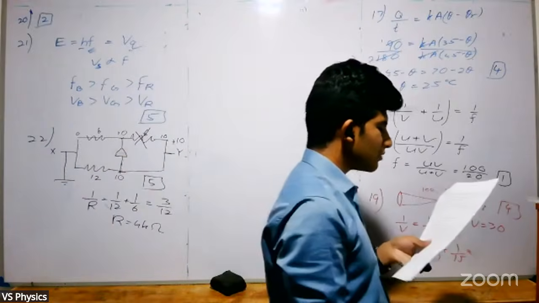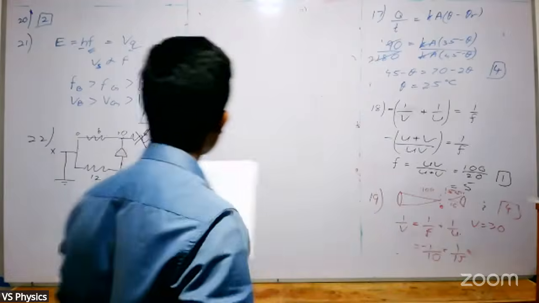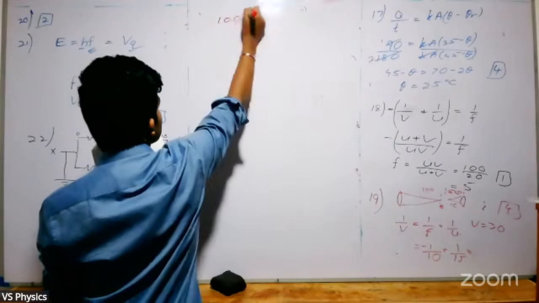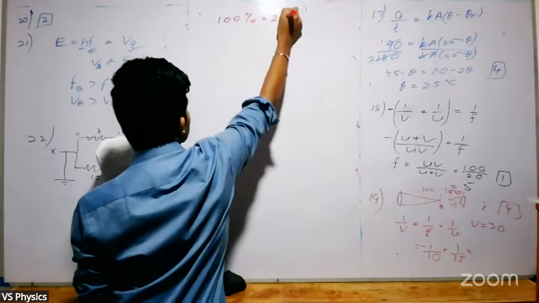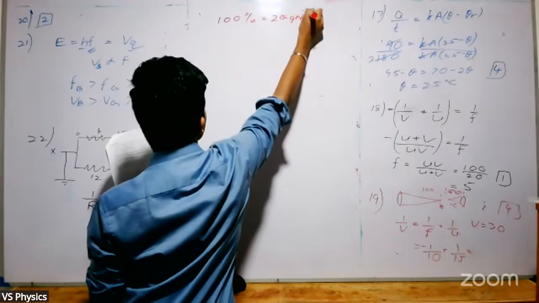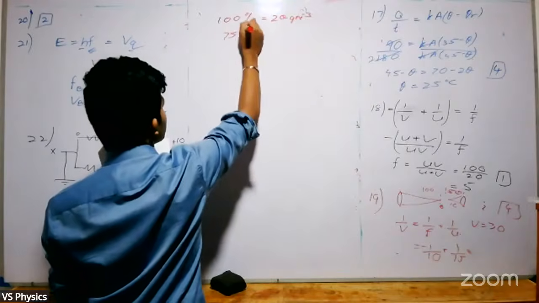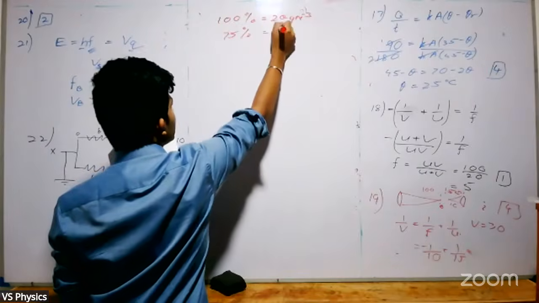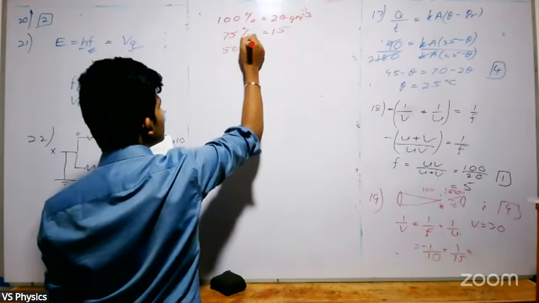What mass of water should be removed to bring it to 50%? At 100% it is 20 grams per cubic meter. For 75% it should be 15, and for 50% it should be 10.